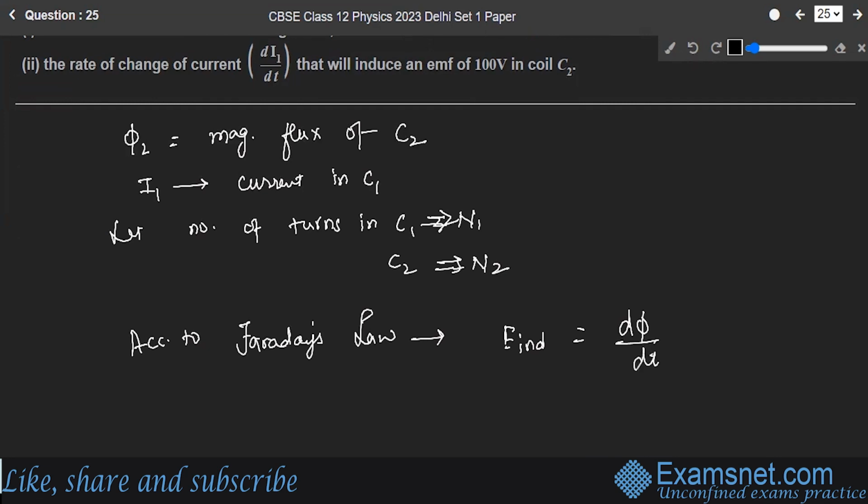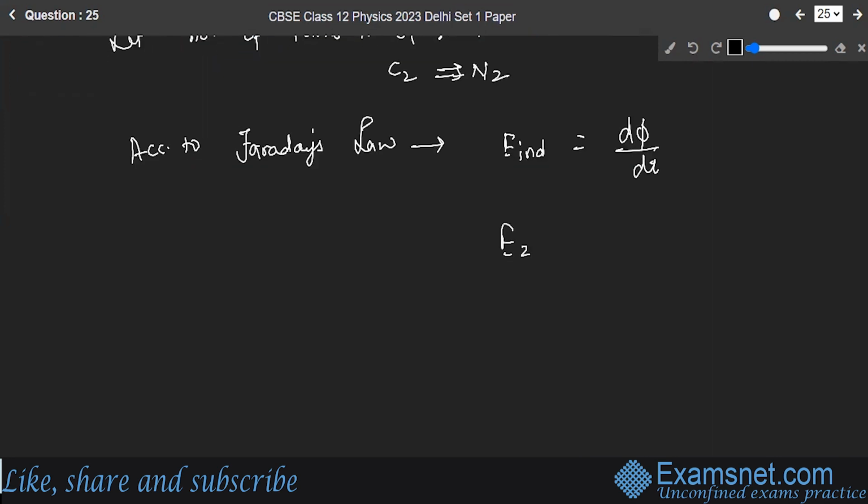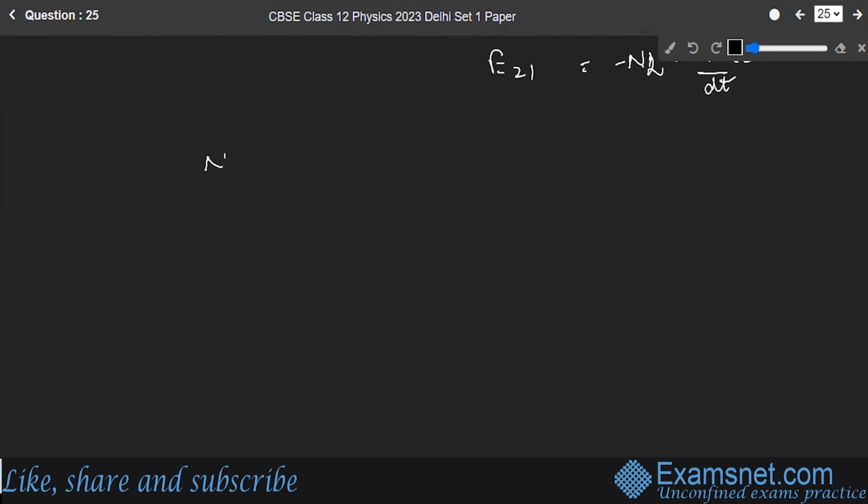E21 is equal to minus N2 d phi upon dt. So N2 phi 2 is directly proportional to I1, and N2 phi 2 is equal to M21 I1.